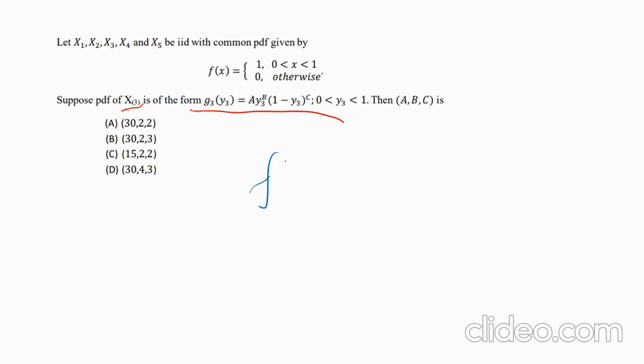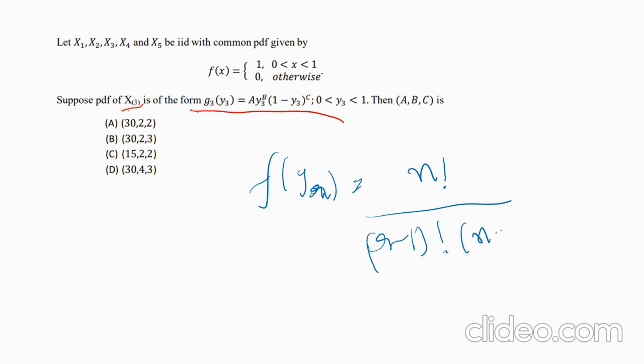So f of y r, or y3, whatsoever you say, is n factorial by r minus 1 factorial into n minus r factorial, and then it is y r to the power r minus 1, 1 minus y r, and then it is to the power n minus r, right?